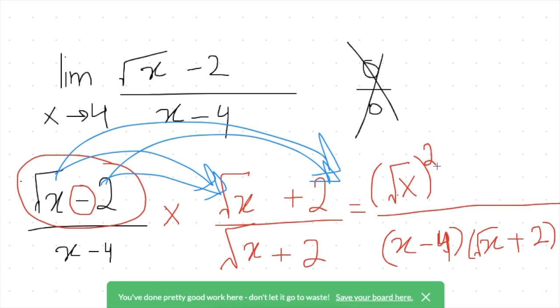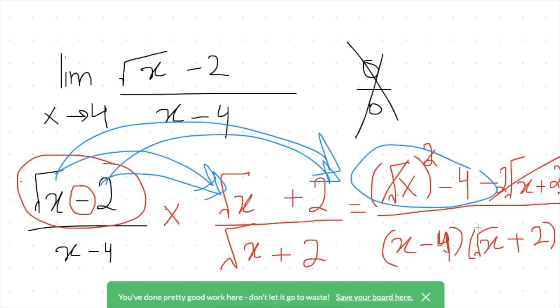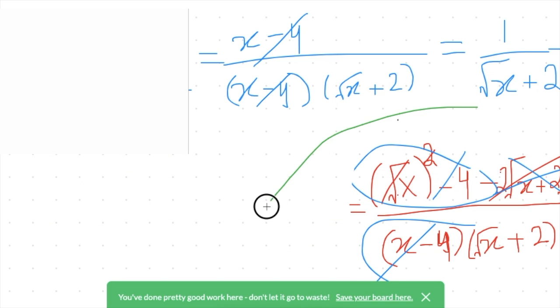We'll have the square root of x squared minus 4, so 2 squared, minus 2 times the square root of x plus 2 times the square root of x. These two terms cancel out. The squared and the square root cancel out, so on the top you have x minus 4. On the bottom we have x minus 4 over the square root of x plus 2. This and this is simply x minus 4, so they will also cancel, so you will be left with a 1. Now we are going to try taking the limit.